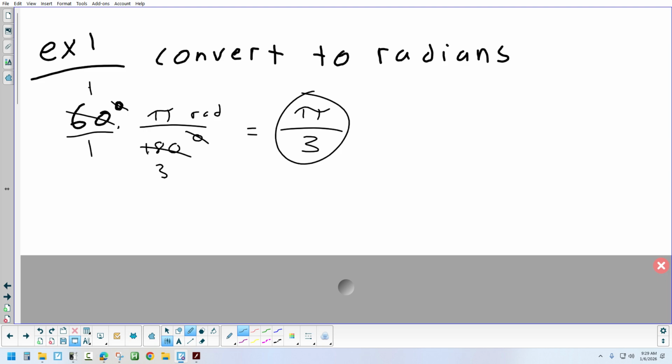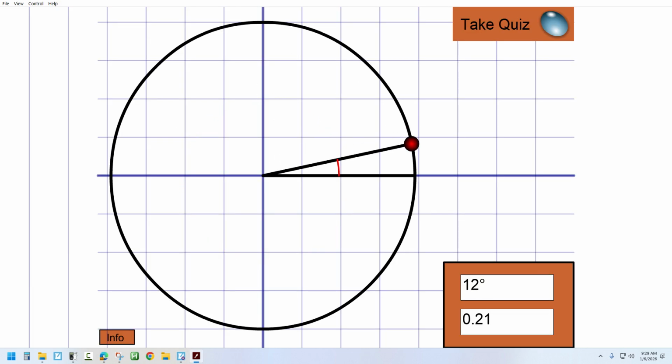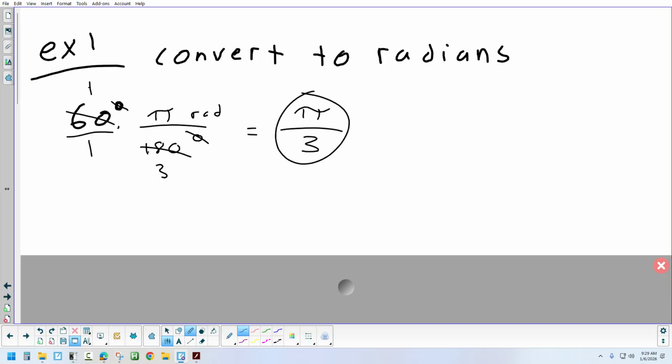Let me show you it on here. Let's do the same thing. 60 degrees. Pi over 3. Notice there's something missing. They didn't write RAD after the pi over 3. You're never going to see radians labeled as RAD. I did it here to kind of help you so you could visualize the unit.